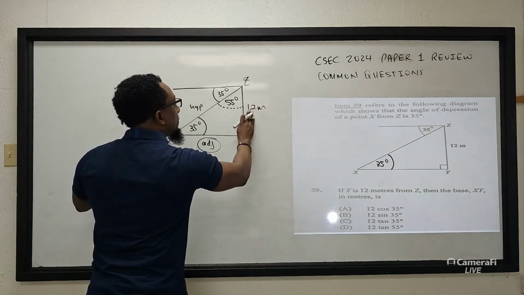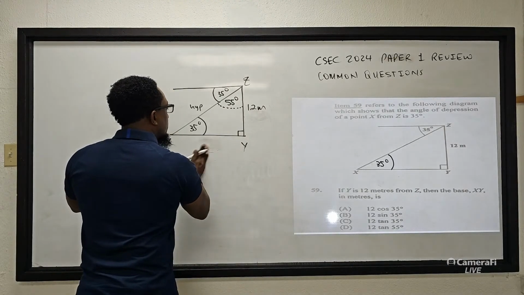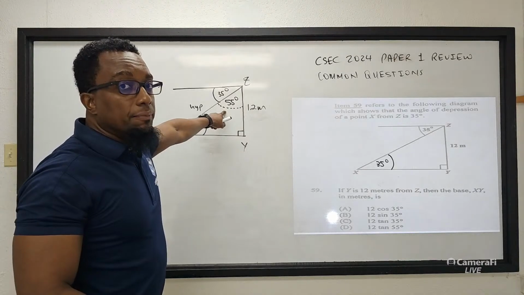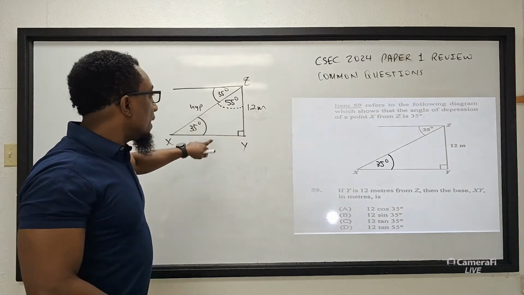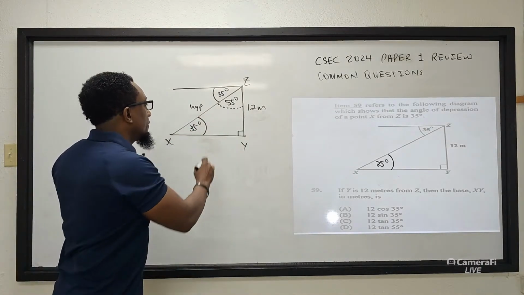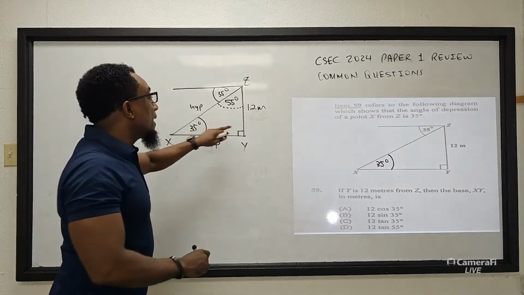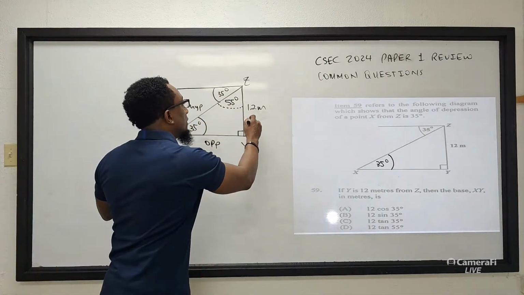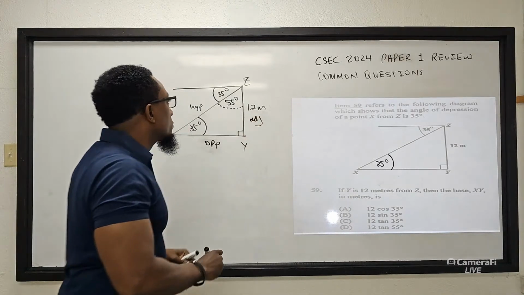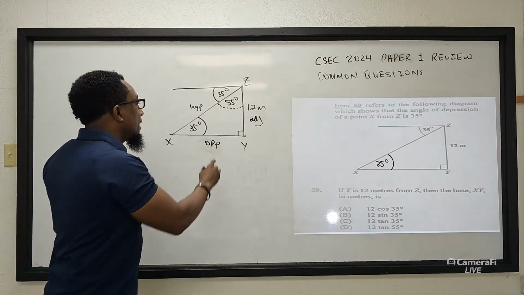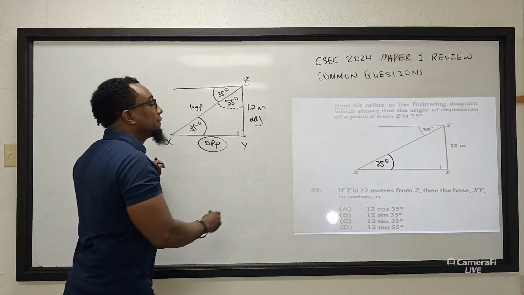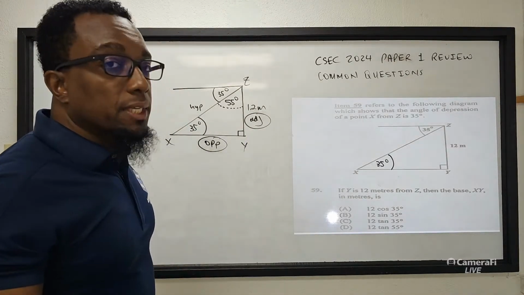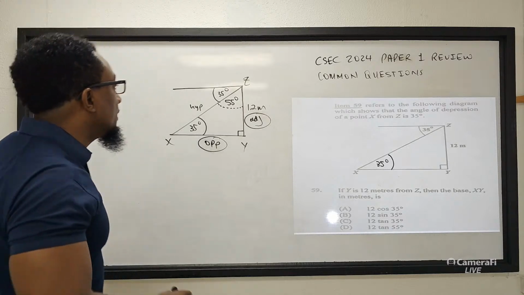Let me remove this opposite side, let me remove this adjacent side. I'm going to label this triangle based on this acute angle of 55 degrees. So this side here will be the side opposite. The hypotenuse is always opposite the right angle, and this side here will be the adjacent side. I want to find the side opposite, given the side adjacent, and the trig function that links opposite and adjacent is clearly tan theta.